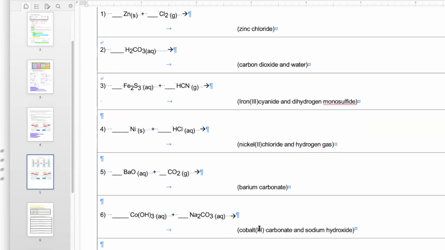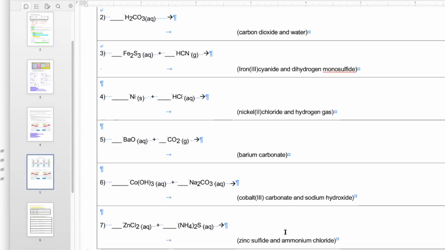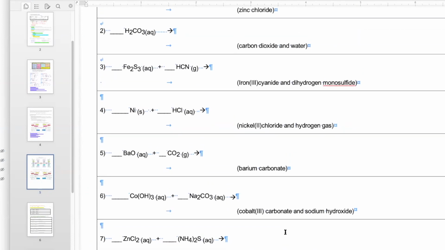Cobalt 3 carbonate. Cobalt +3. Carbonate is a polyatomic ion. It's -2. Crisscross, you need 2 cobalt and 3 carbonates for that formula to be correct. So that's what this part of the activity is.